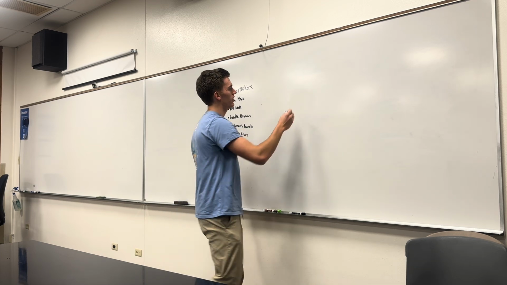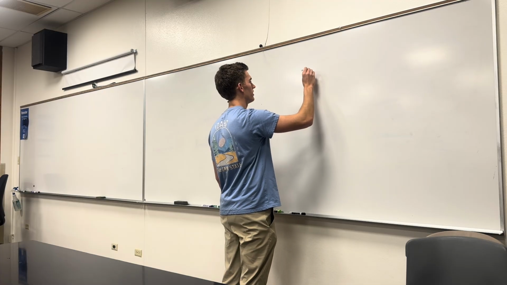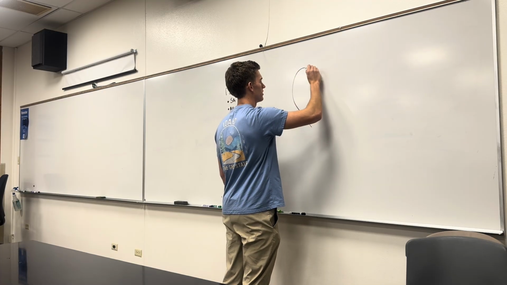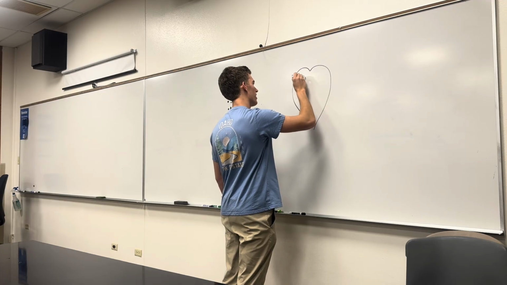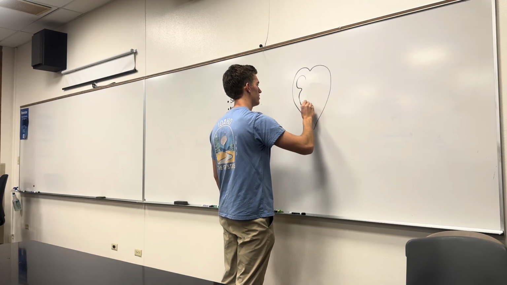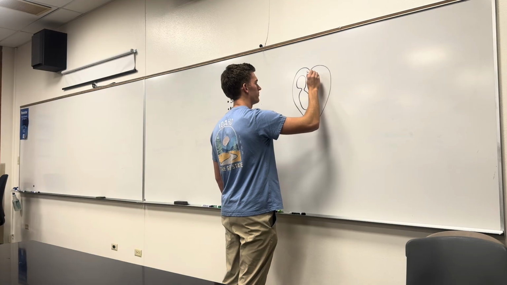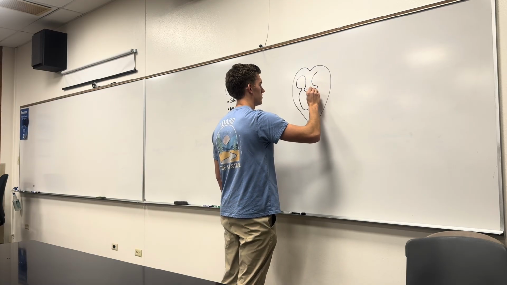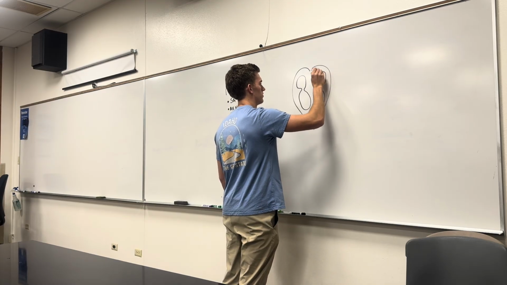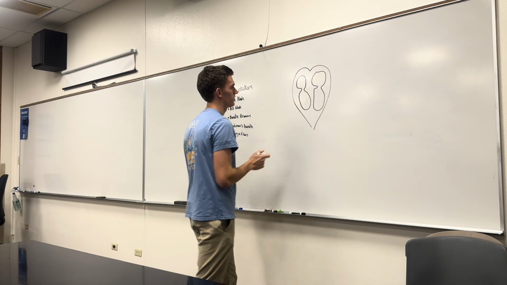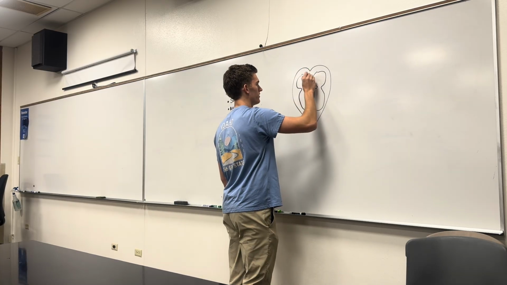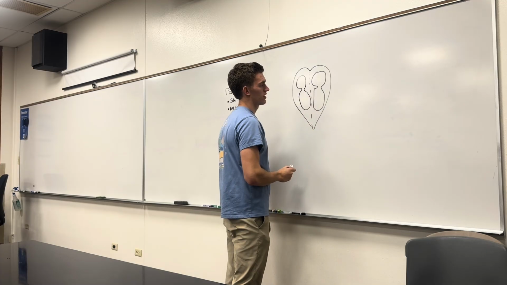And so if we look at, this is going to be a pretty mid drawing of the heart, but these are our atriums and these are our ventricles, and then obviously left side and right side of the heart.